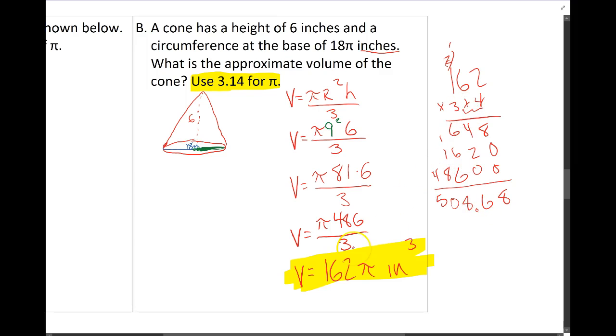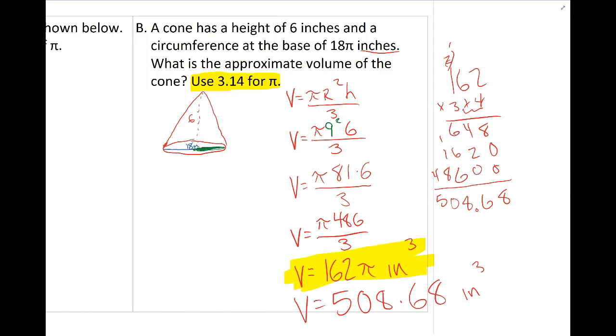So I get my final volume using 3.14 for pi as 508.68 inches cubed.